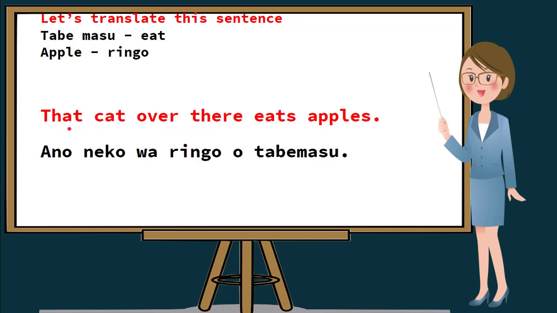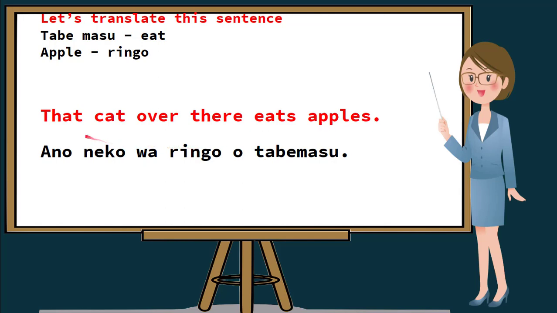That cat is ano neko wa. Ano is that over there. And neko is the cat. Of course, we will be using o, the object marker, or particle, plus the verb tabemasu, meaning to eat.